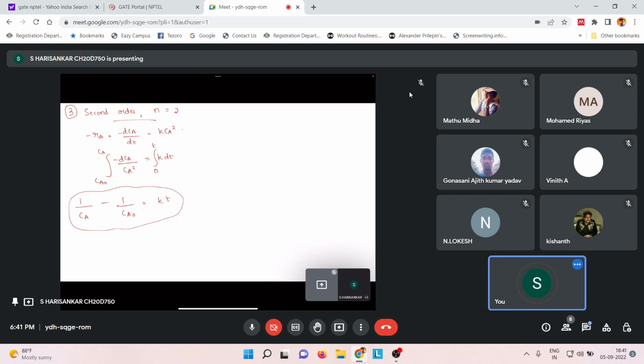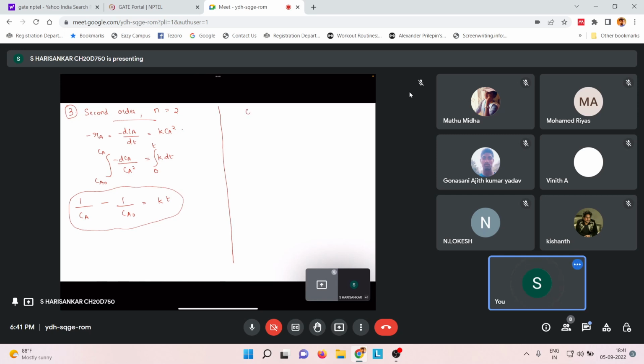Okay. So this is the general equation for second order. Now we can actually use a general formula to find orders which are greater than 1. That means from order 2 and 3, 4, 5, 6 and so on.